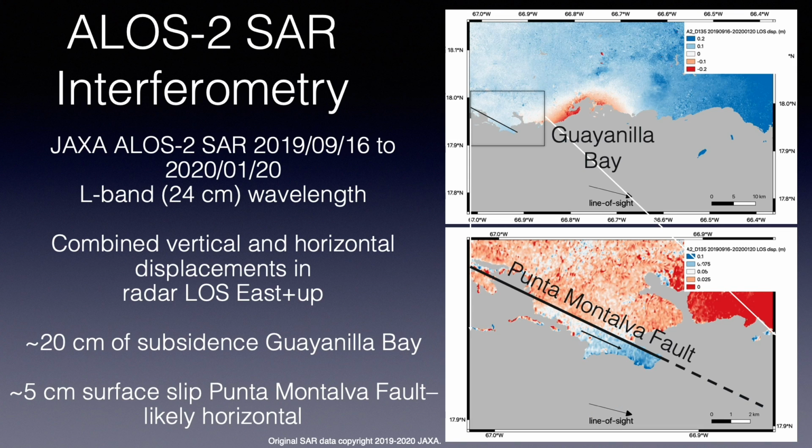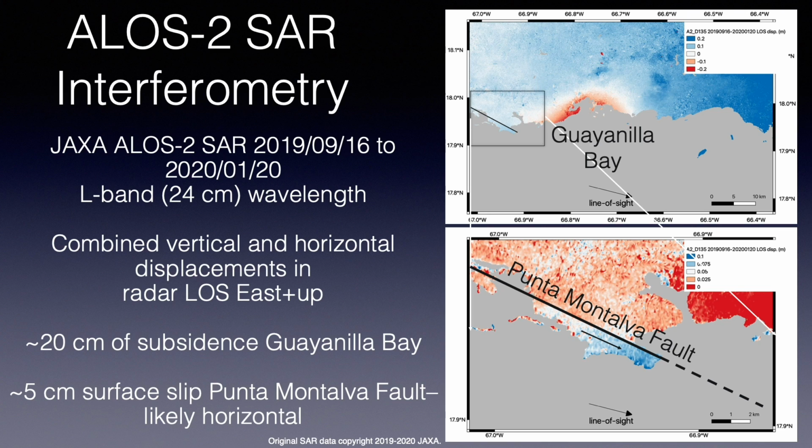We also got data from the Japanese JAXA satellite called ALOS-2 on January 20th. The Japanese satellite uses a 24 centimeter radar wavelength as opposed to the roughly 6 centimeter wavelength of Sentinel-1.